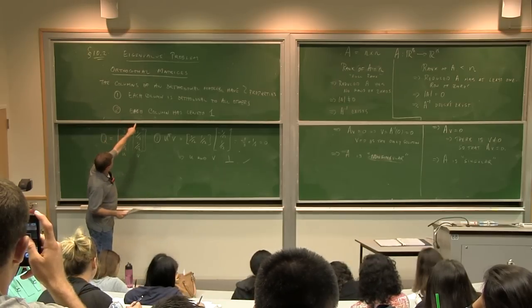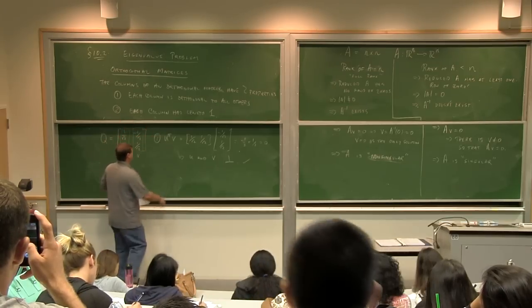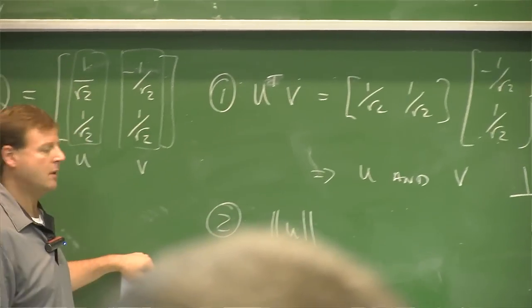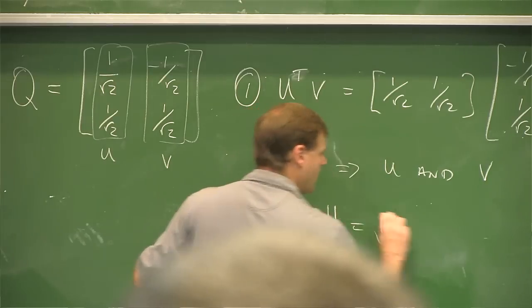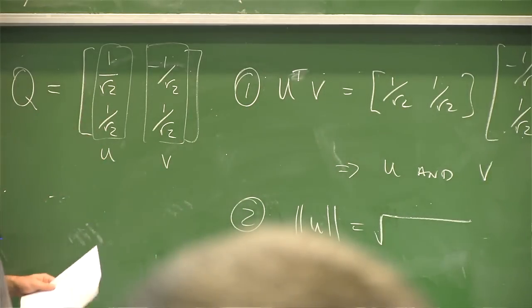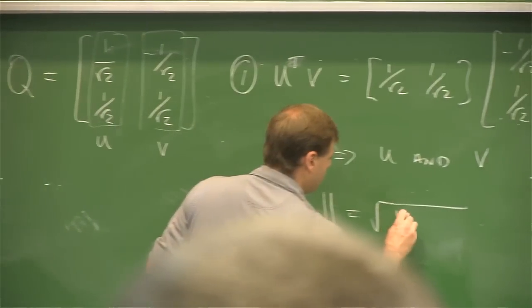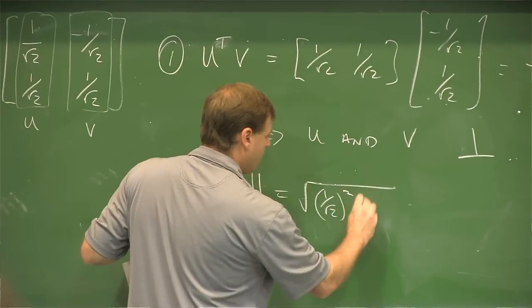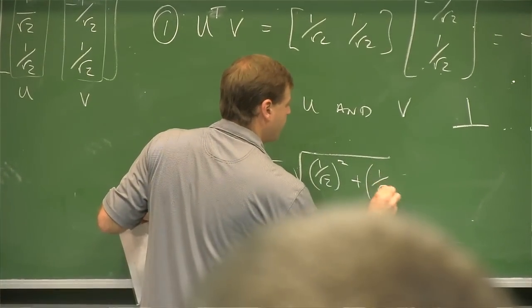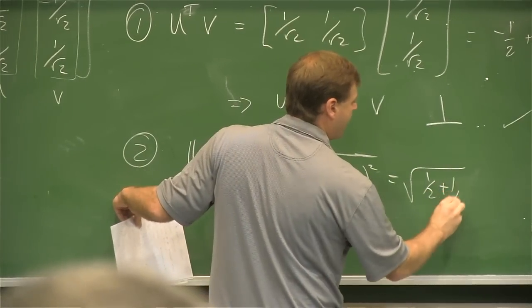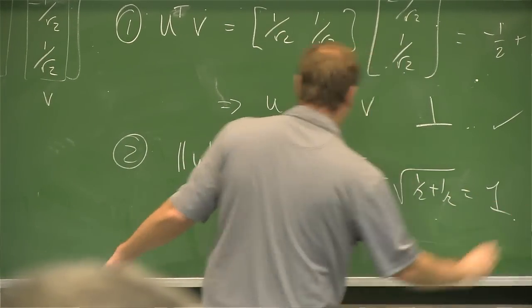And then the second condition is that each column has length 1. So let's check the length of U. How do we do that? We take the square root of the squares of the components. So I'm going to square 1 over root 2. That's equal to the square root of a half plus a half, which is 1.